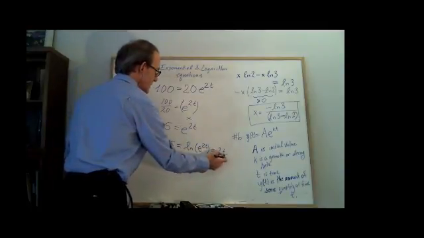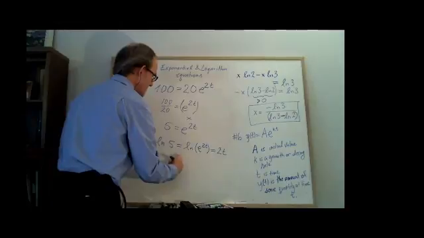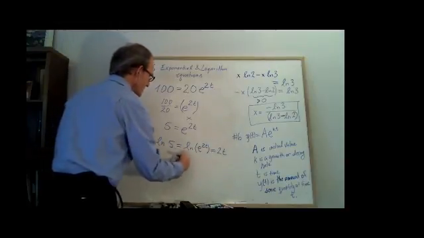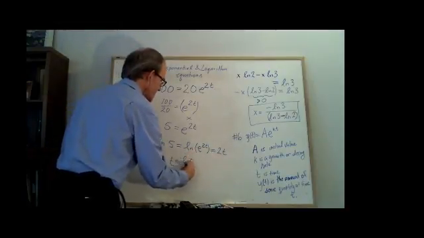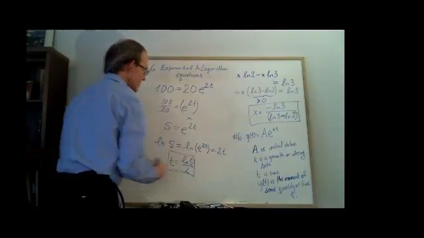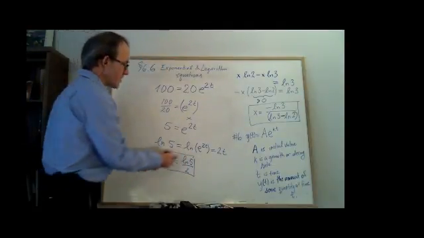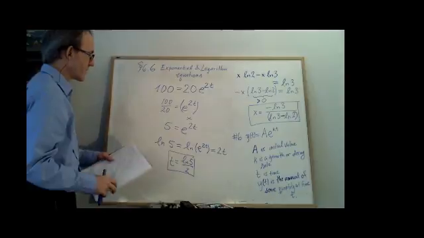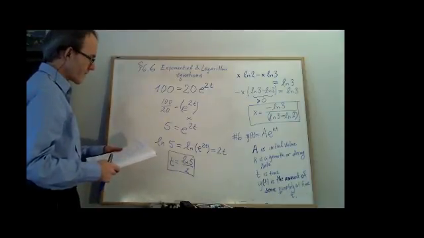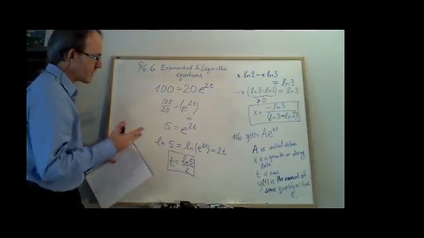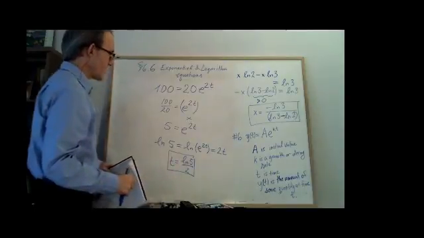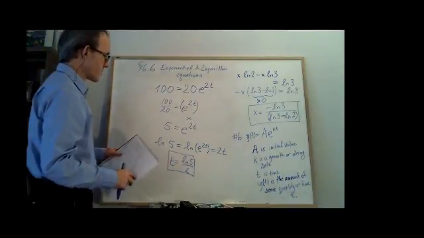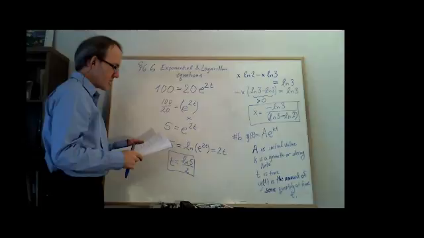So t is equal to, dividing by 2, the natural log of 5 over 2. That's a number, and I can use a calculator to calculate that. The answer is probably a decimal like 0.7 or something, I'm guessing. You can check using a calculator if you need to find the final answer.